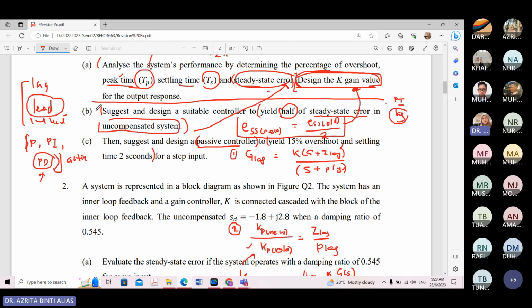P and I are not related. It's a different question or different objective. Boleh nampak? So for this question, the most suitable controller is the lead controller.